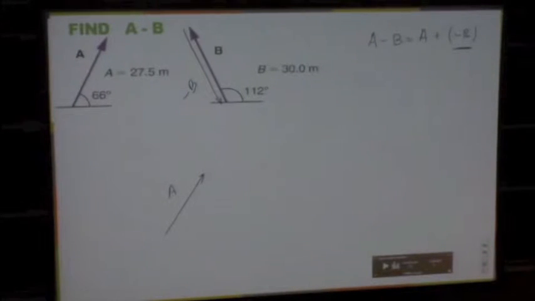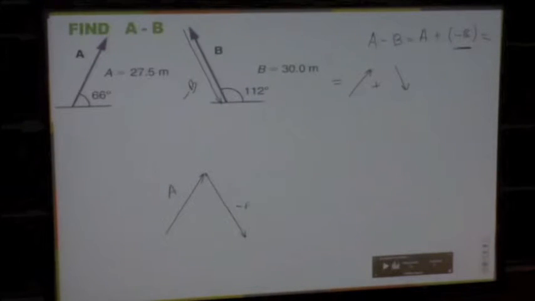So now, A plus negative B is literally this plus this. We have to use the tail to head rule. So I want to redraw negative B from the head.